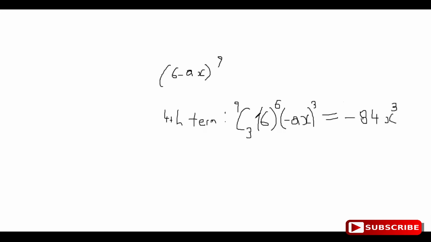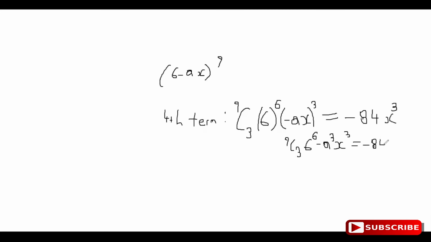Easy. So now let's put this in a calculator. Simplify it. First and foremost, this is really just 9 choose 3 times 6 to the 6 times minus a cubed times x cubed. And that's equal to minus 84x cubed.